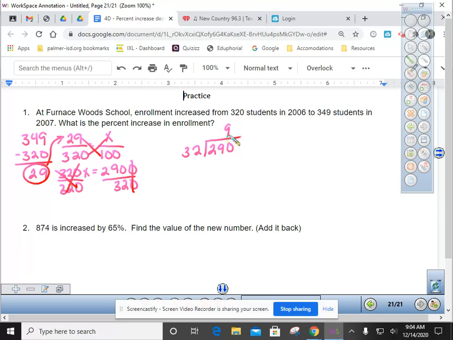So I got about 9, 18, 28. Leaves me with 2. And here is where I do decimal. Decimal 0. How many times will 32 go into 20? 0 times. So this is where I'm going to put x equals about 9%.